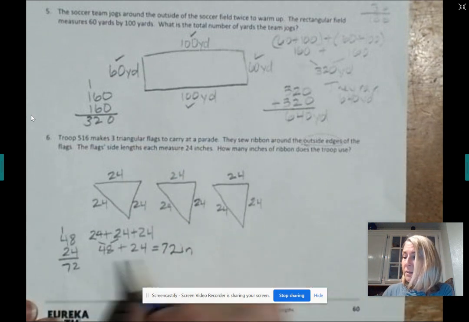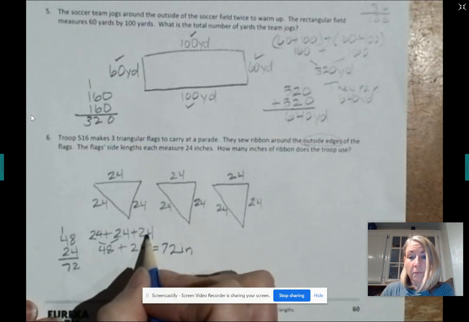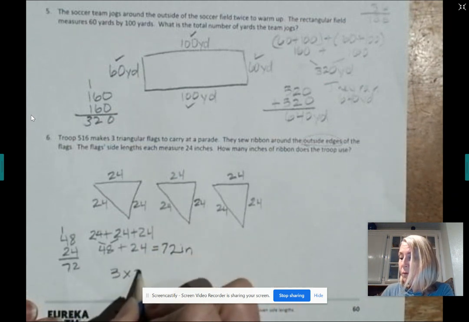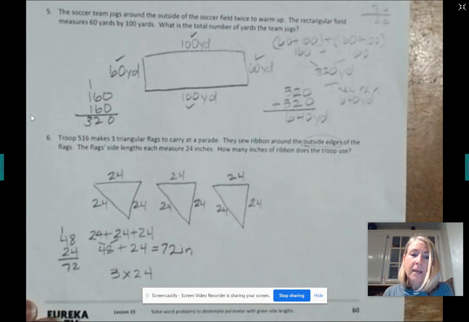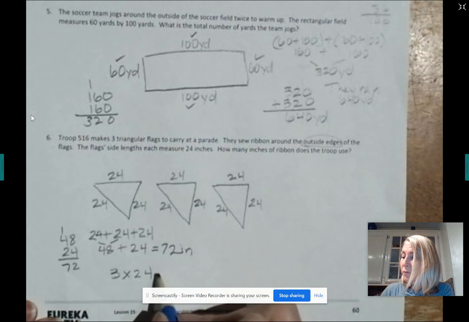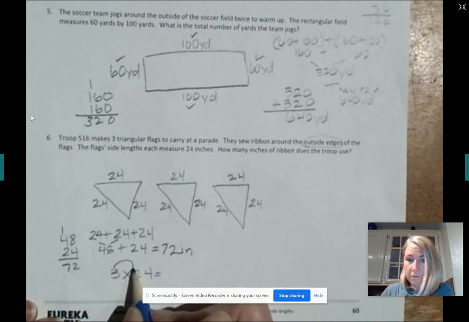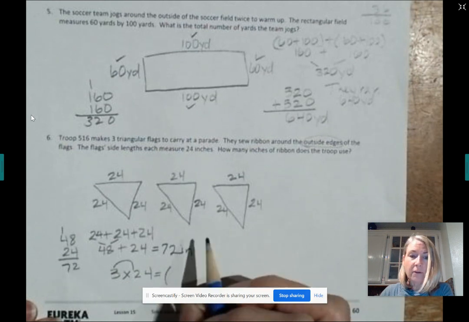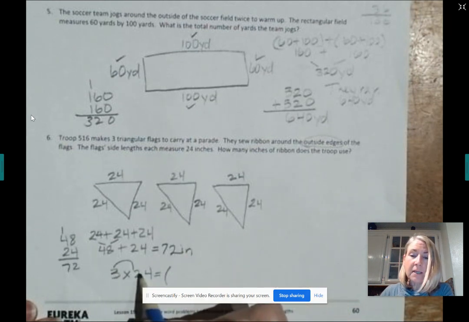If I wanted to look at this as the repeated addition that it is, as multiplication, I have 3 24s. Now, 3 24s, you can use distributive property like I showed you before. So if you wanted to, okay, again, optional, do what works best for you. 3 times how many tens is this? It's 2 tens, which is worth 20.